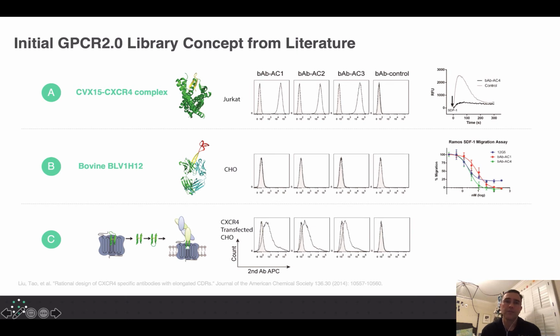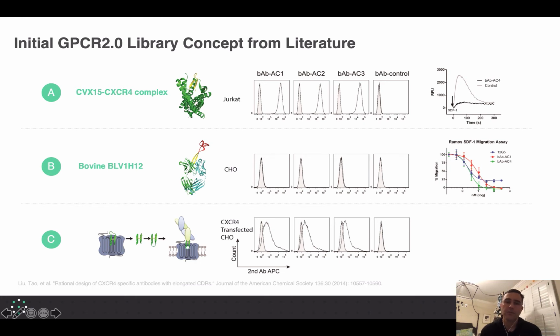The initial concept for the library came from this paper by Liu et al. back in 2014, where they took a known crystal structure of CXCR4 bound to a loop peptide called CVX15. And what they hypothesized is, could they take this loop peptide and graft it into a bovine IgG shown in the middle of the slide, in the hopes that the grafted peptide would still continue to bind CXCR4, but now in the context of the long heavy chain CDR3 of this bovine IgG.